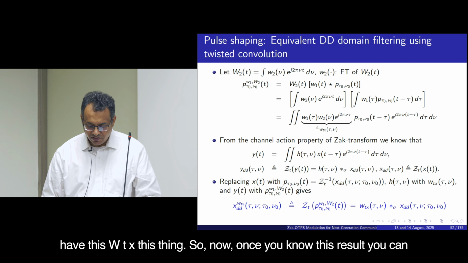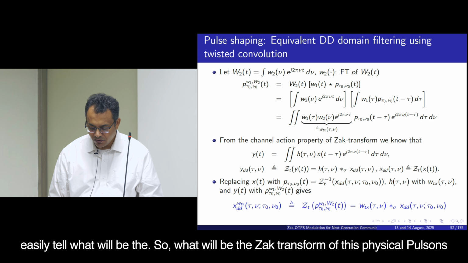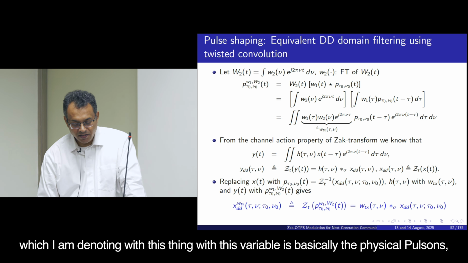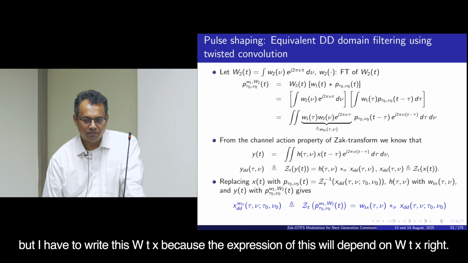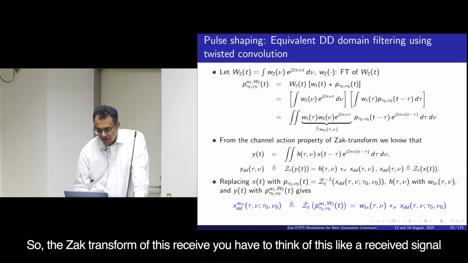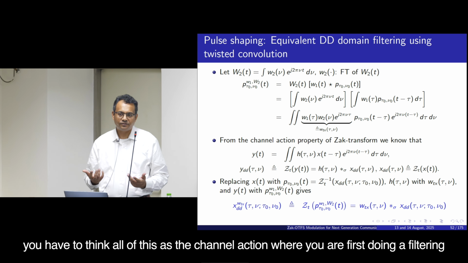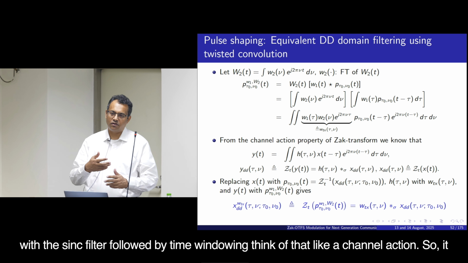So, now once you know this result, you can easily tell what will be the Zak transform of this physical pulson, which I am denoting with this variable. I have to write this wtx because the expression will depend on wtx, right. You have to think of this like a received signal, you have to think of all of this as the channel action, where you are first doing a filtering with the sinc filter followed by time windowing.